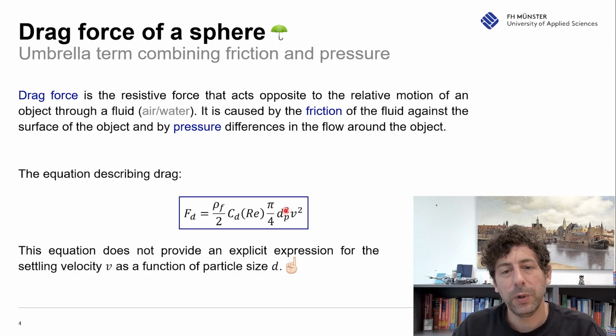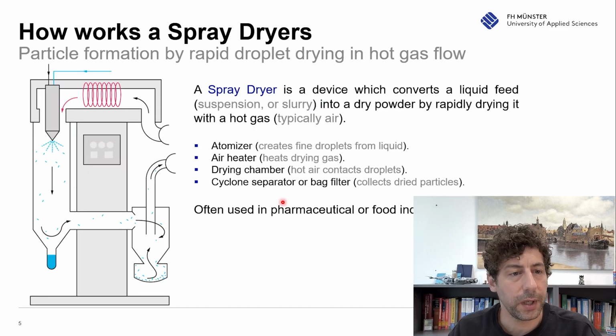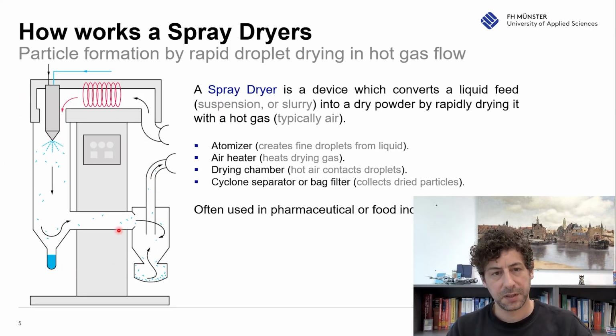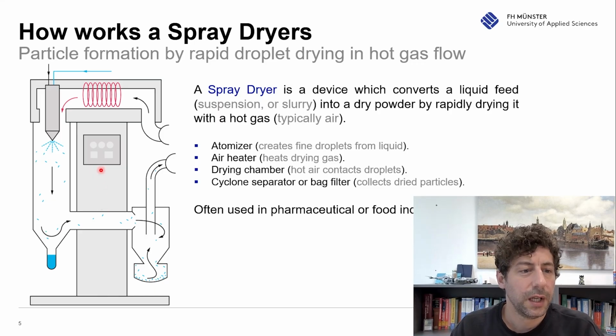Now we look into one application or example of why this question is important, and this is spray drying. Here you see a schematic picture of a spray dryer, not a big one in industry, but the principle is the same; it's more a device we have in our lab for the lab class in particle technology.